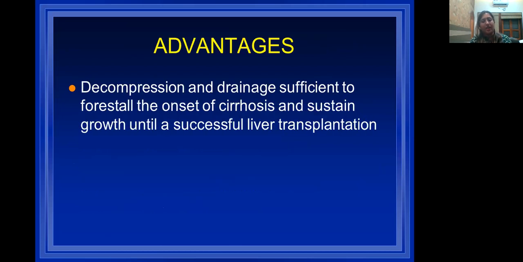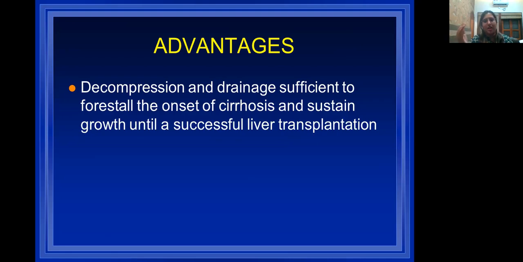And advantages are decompression and drainage sufficient when there are non-correctable causes and there is constant cholestasis, as a result of which there is a continuous process of ongoing dynamic inflammation in the entire hepatobiliary system, and that is going to lead to a lot more further cirrhosis and finally hepatocellular failure as well.